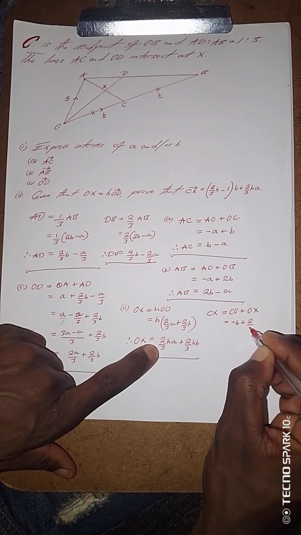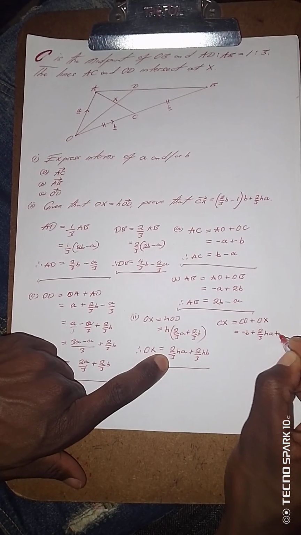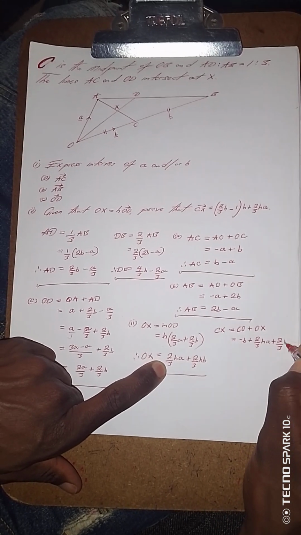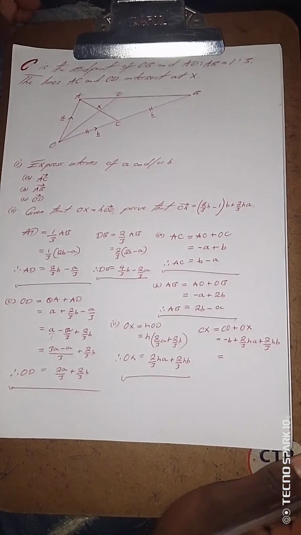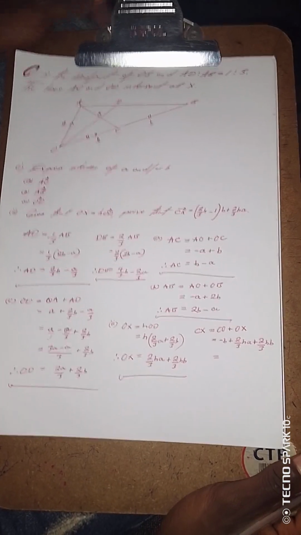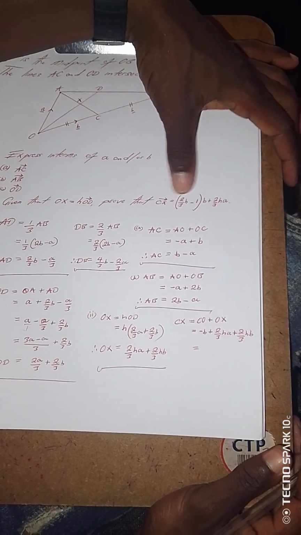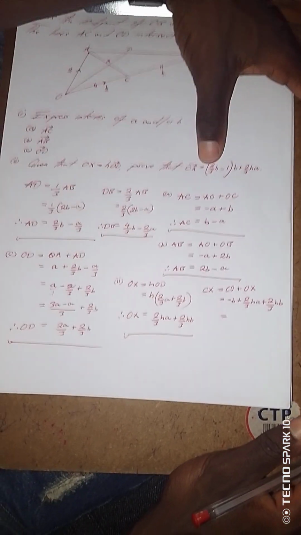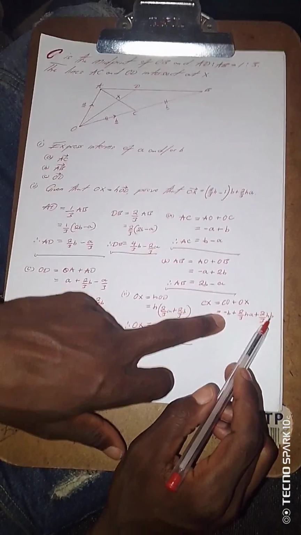We have this one, 2 over 3hA plus 2 over 3hB. Now up here, it's about observing what is happening. Check here what they did. So what they did is this: they collected like terms. This is what they did, and the like terms you have B, negative B, and this one.